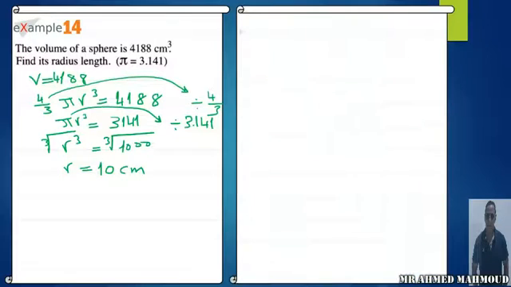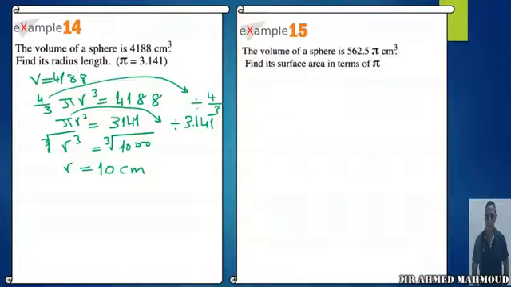The next example, find the volume of a sphere. The volume of the sphere equals 562.5 pi. Find its surface area in terms of pi. Okay, first I'm going to write the volume rule, V, which is 4 over 3 pi r to the power of 3, equals 562.5 pi.